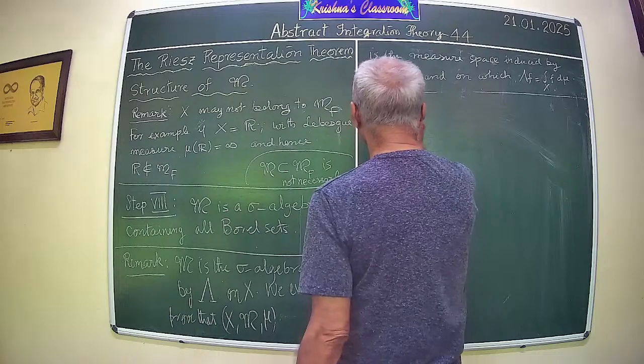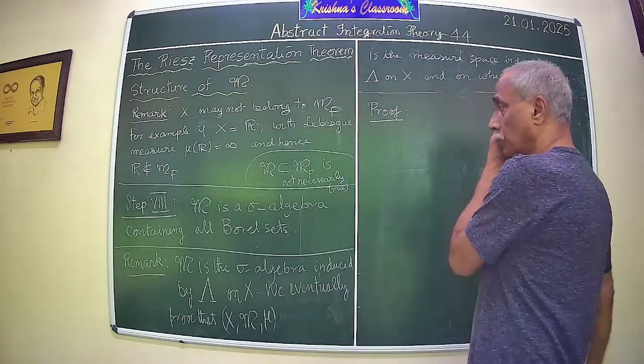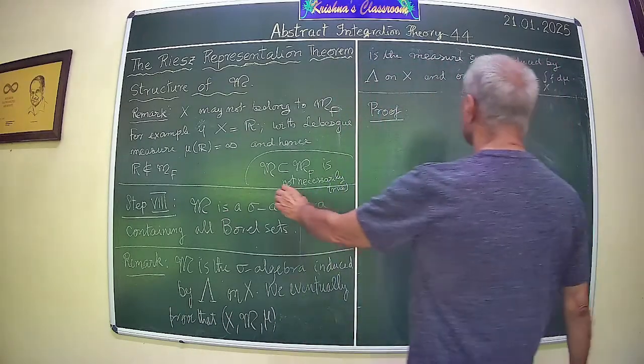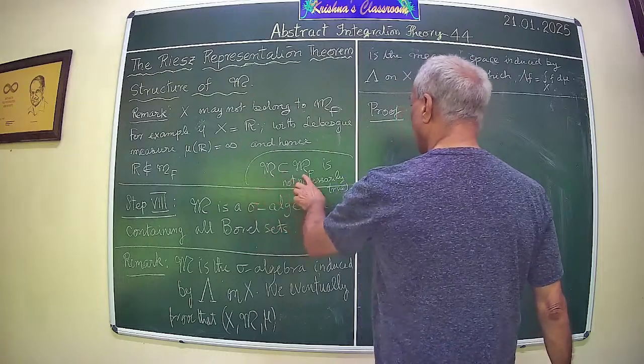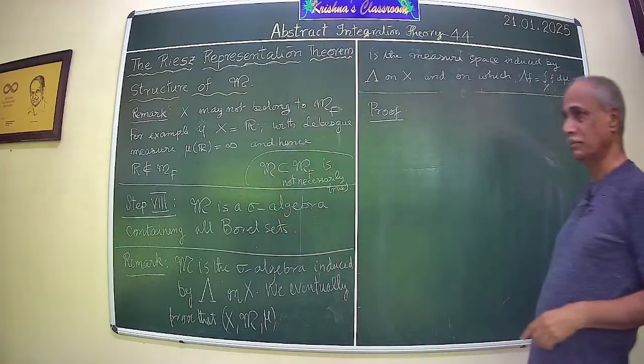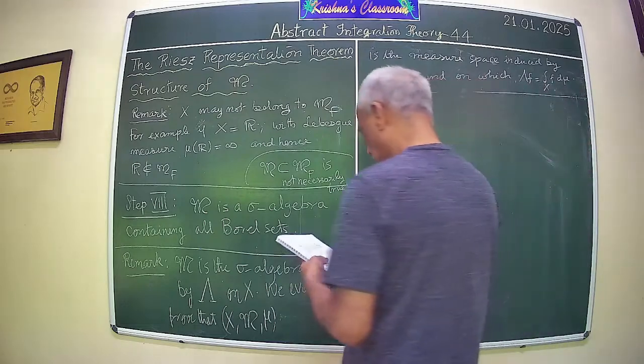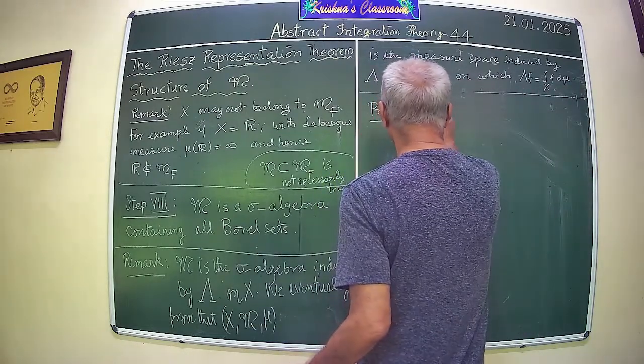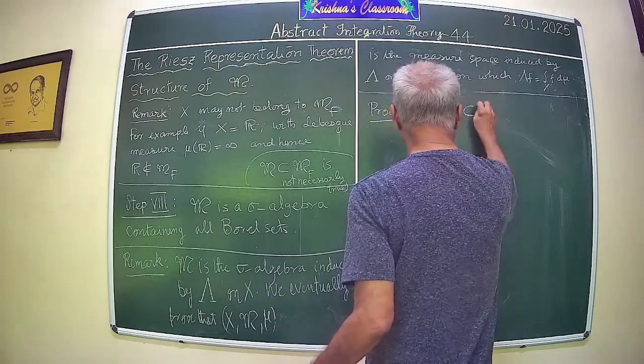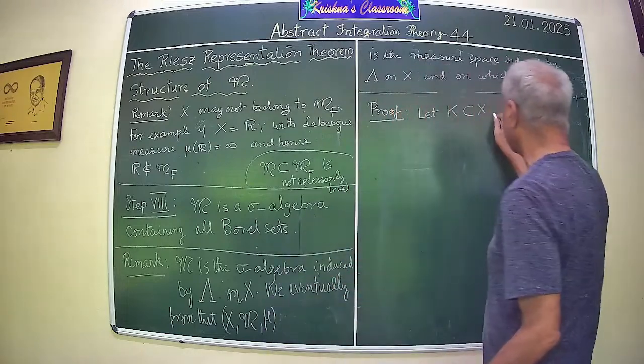So you see that the way to get script M from MF is through K. Okay, right. So we'll use that. So K is compact.